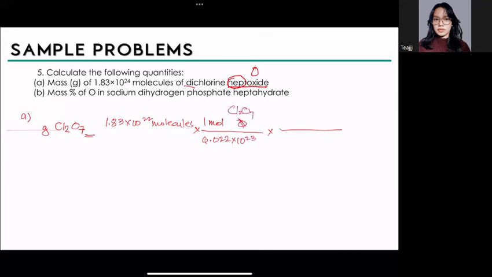Sorry. And then to convert moles into grams, we need to use the molar mass. So let's get the molar mass of Cl2O7. That will be 2 times 35.45 grams per mole plus 7 times 16.00 grams per mole.